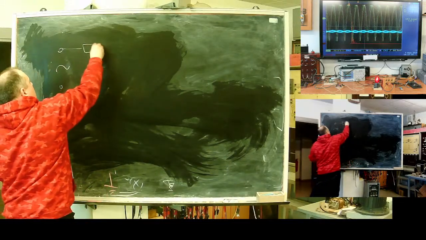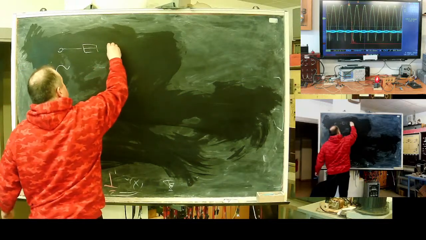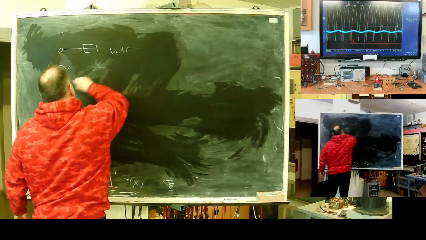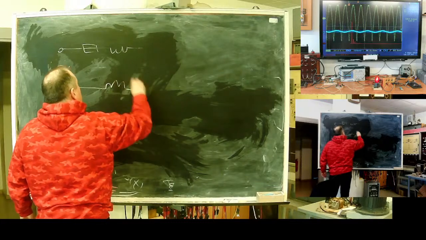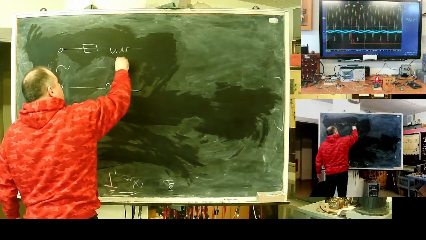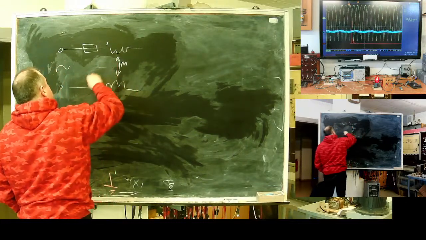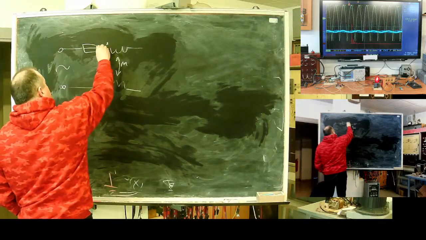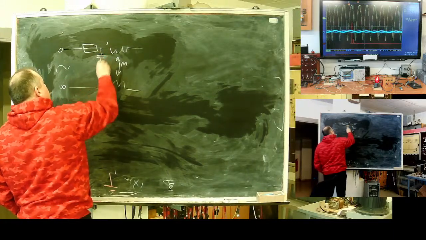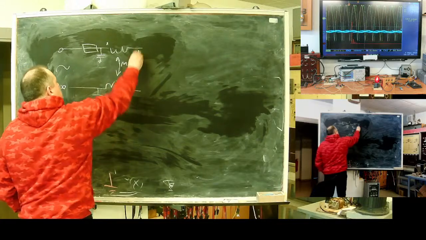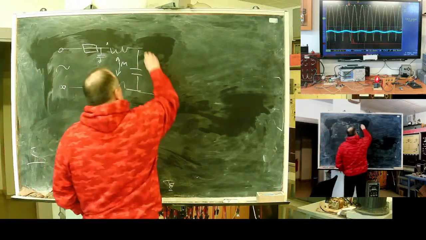AC input, fuse, maybe a filter, can be a pair of capacitors and a capacitor here.